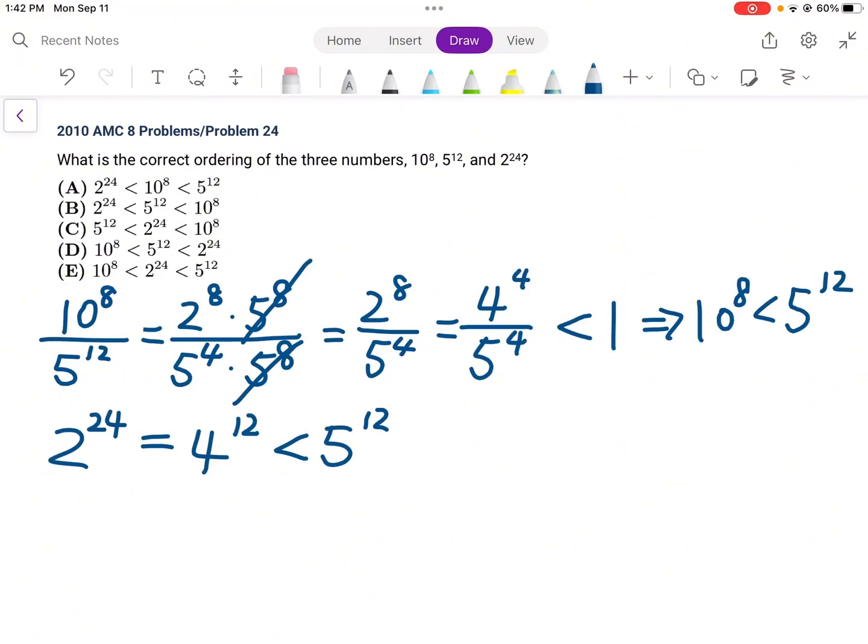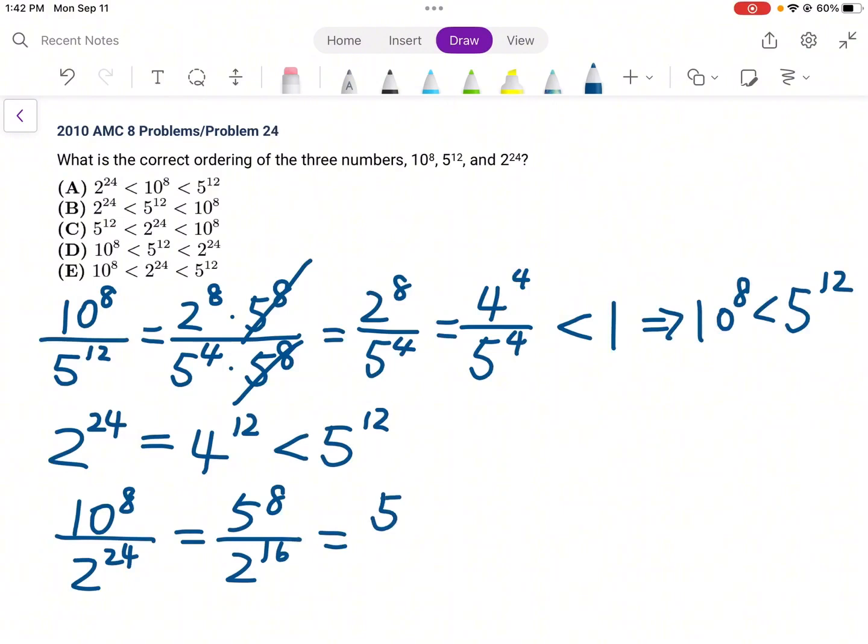Now we can again use division. 10 to the 8 divided by 2 to the 24 equals 5 to the 8 divided by 2 to the 16, and that equals 5 to the 8 divided by 4 to the 8, and 5 is larger than 4, so this is larger than 1.